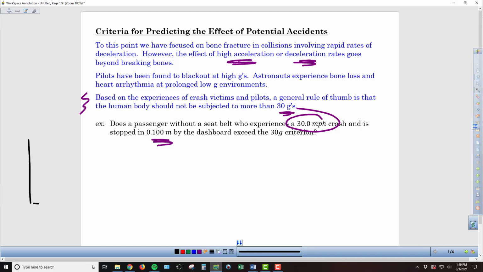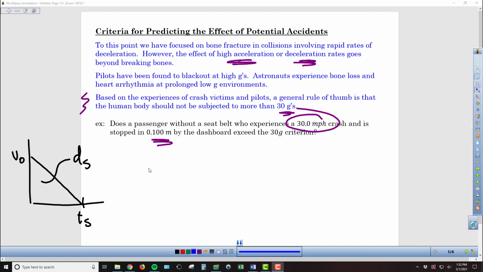So on a velocity-time diagram, we'd be looking at a situation like this, where we have our initial velocity at the time of the accident. We end up moving to a velocity of 0 over some stopping time, and then the area underneath the triangle is our stopping distance. So as an equation, our stopping distance is equal to that area underneath the curve, so 1/2 times the initial velocity times the stopping time.